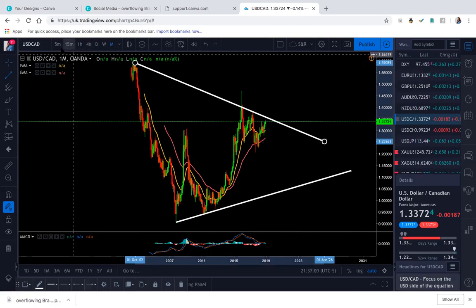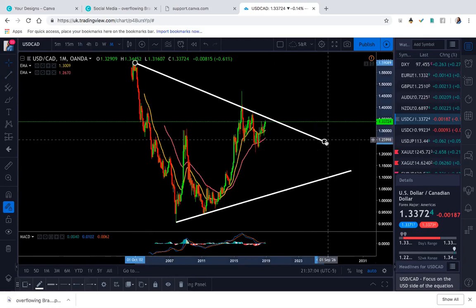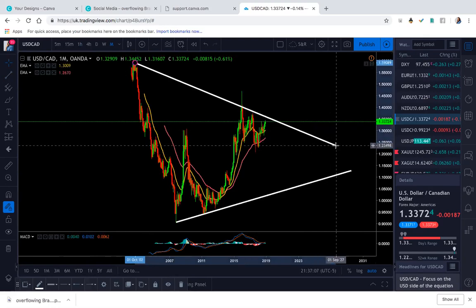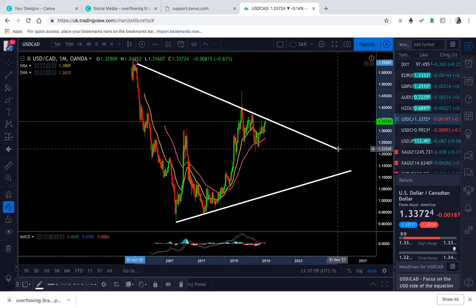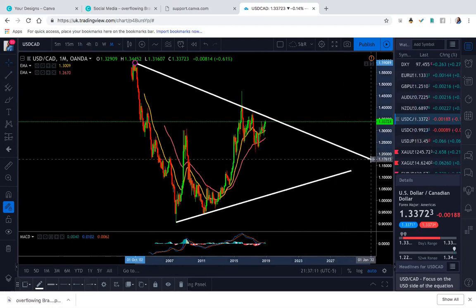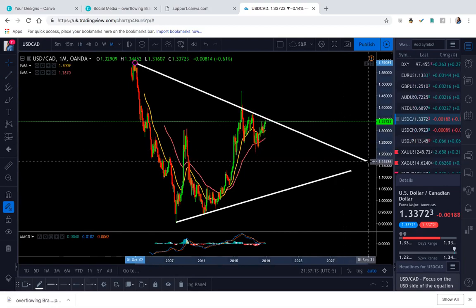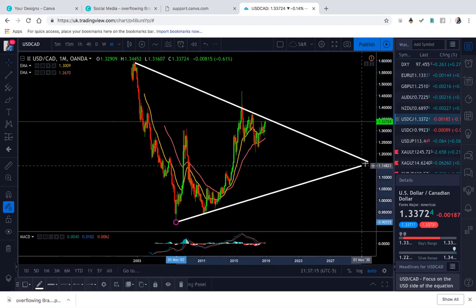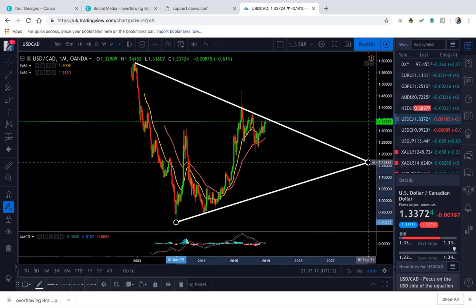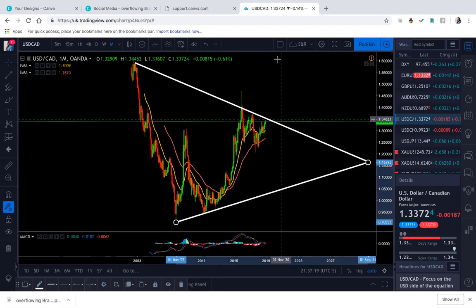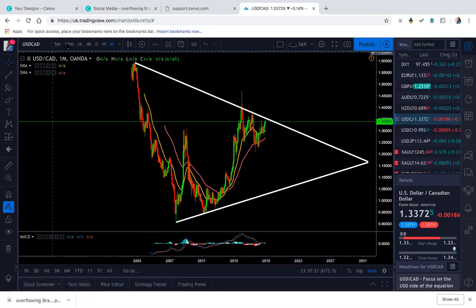Now you can join the trend lines if you want. For example, you could do this and join them until they meet, but it's not necessary. But if you want to keep it clean, you can do that. So that was on the monthly time frame.